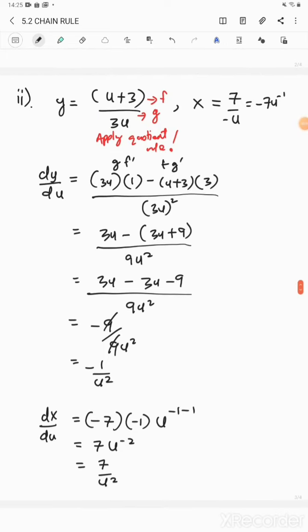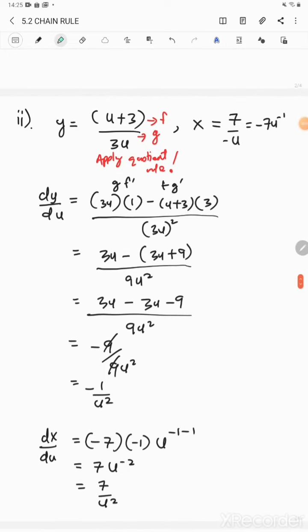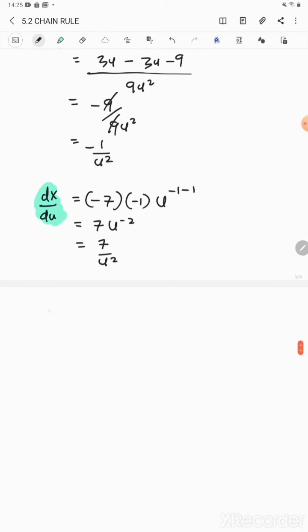Now we already have these two, dy over du and dx over du. Now we write the formula to find dy over dx equal to dy over du multiply du over dx.